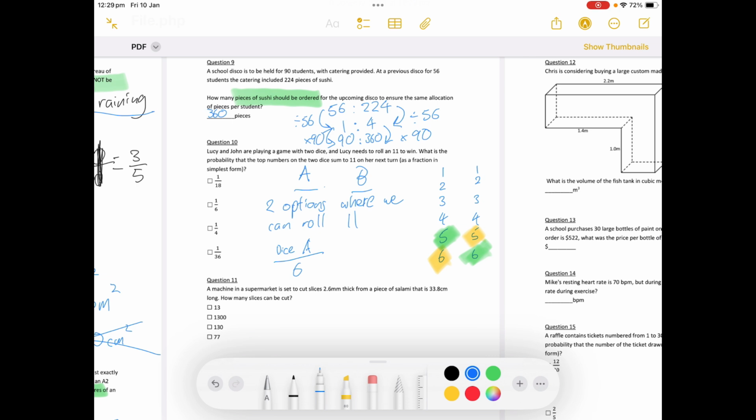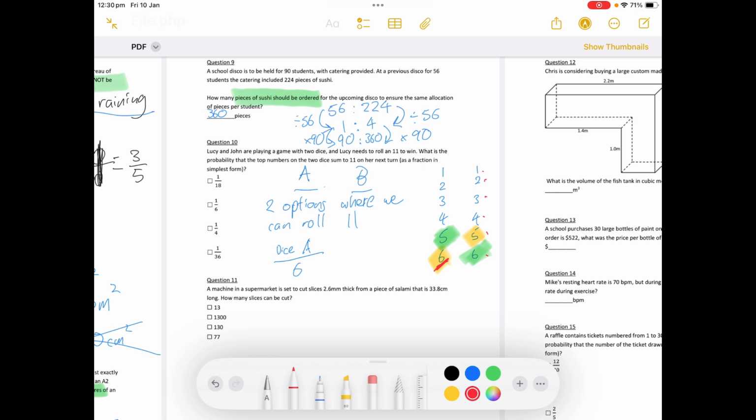Let me show you what that looks like. Let's say I roll a 6 with dice A. Now for dice B, I could roll a 1, a 2, a 3, a 4, a 5, or 6. So for every number of A, we could have 6 different combinations that we roll for dice B.